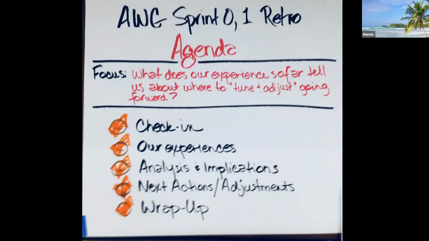And so we would, for instance, share an agenda. This was an agenda for an Agile working group sprint. It was early on, and we wanted to collect everybody's experience to figure out where they were headed. So this is typical.